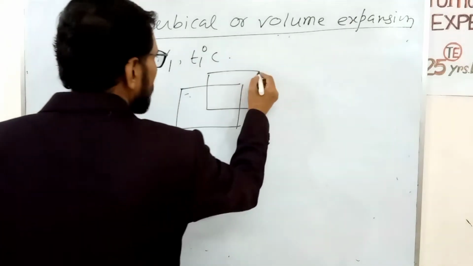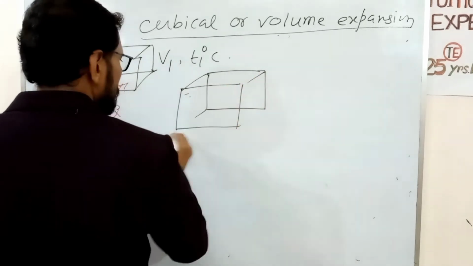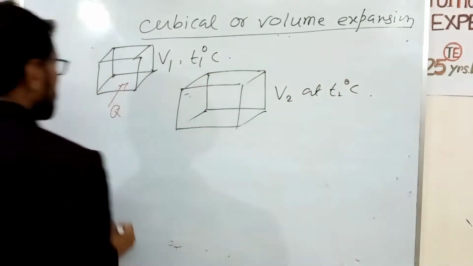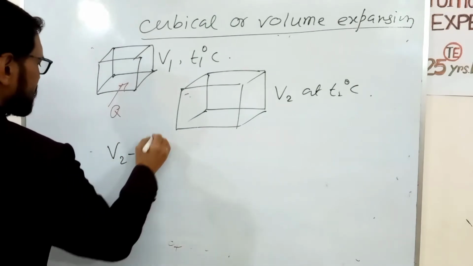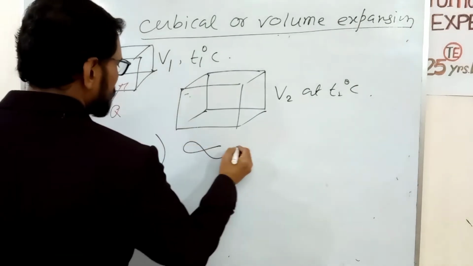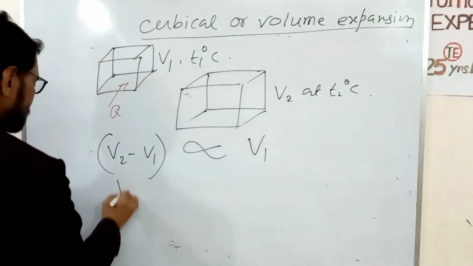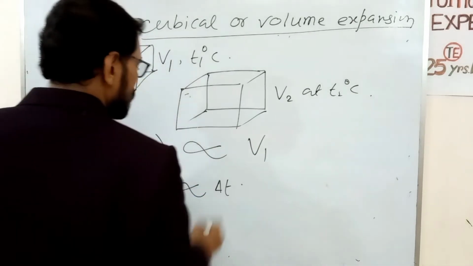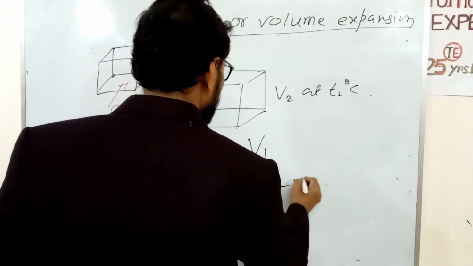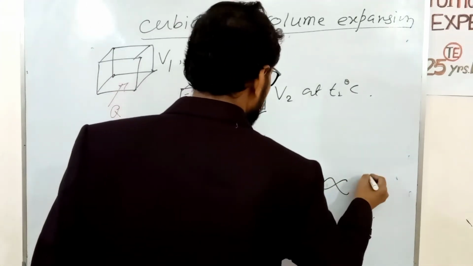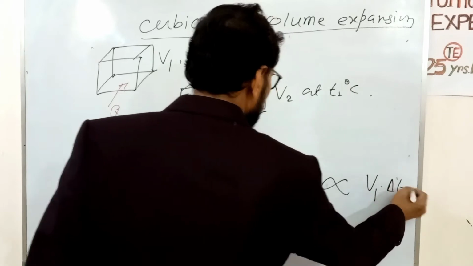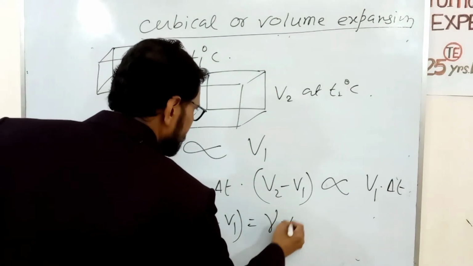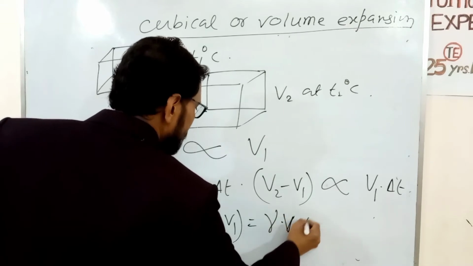So the final volume is, suppose, V2 at T2 degree centigrade. Now what is the expansion of volume, V2 minus V1? This is similarly proportional to initial volume and also proportional to temperature rise. So if we combine, V2 minus V1 is proportional to V1 into del T, which is equal to gamma into V1 into del T.